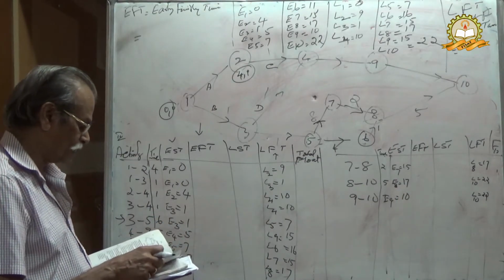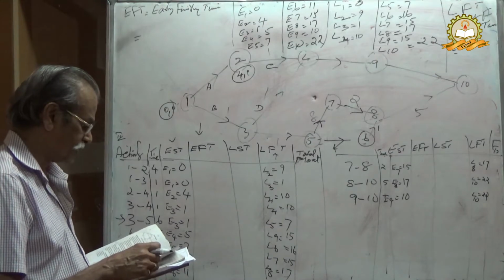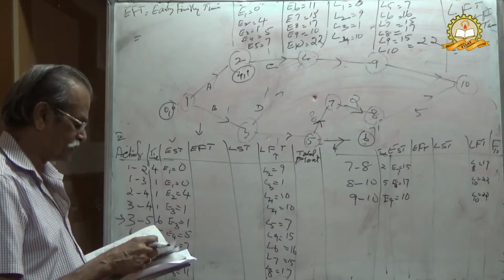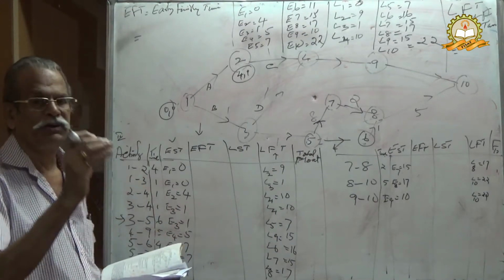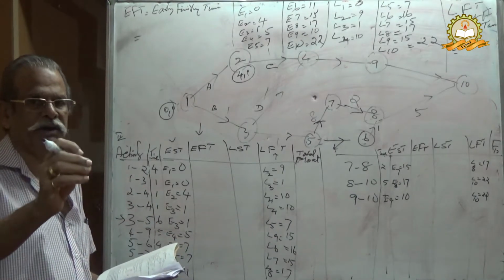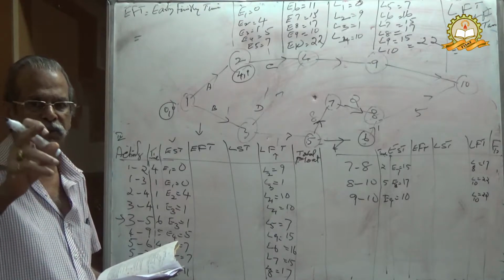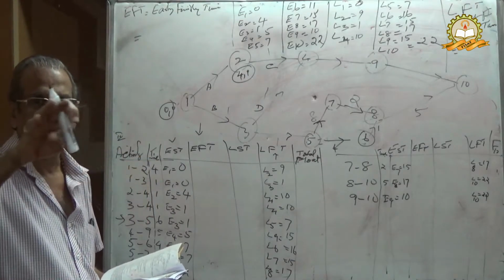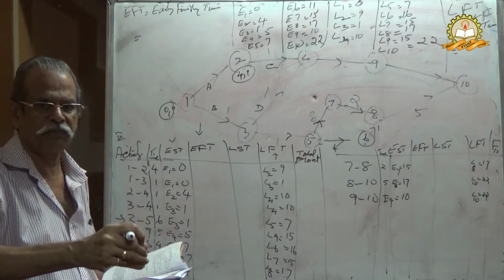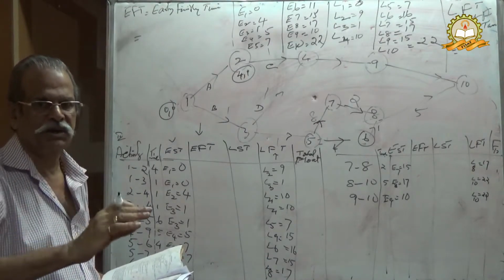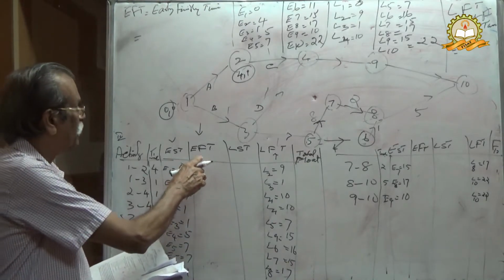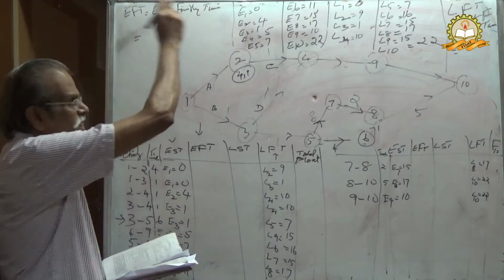You start your exam by 10 o'clock and the duration given in the question will be 3 hours. Starting from 10 a.m., with a duration of 3 hours, you will have to finish.